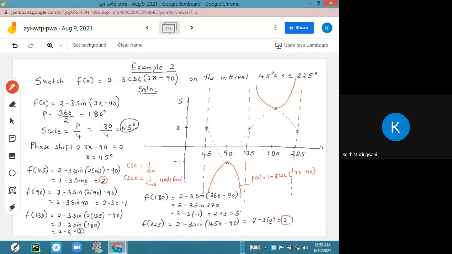This means that when I'm using sine in the question which came with cosec, I must be careful. At each point I find sine 0, I know that my actual question cosec will be undefined at this point. Now the whole result of f of 45 is 2. So I'll keep 2. So everywhere I'll find 2, I know sine there should have been 0.